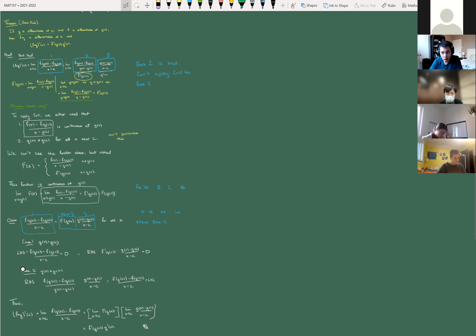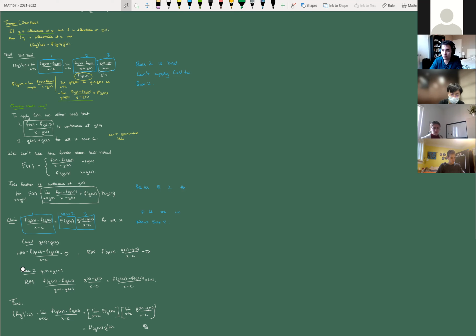I have to show you the proper proof. The proper proof is much scarier, but it's technical just to fix this small, stupid fact, and it ends up significantly complicating the proof just for the sake of a handful of functions that misbehave in this way. So that's how you have to fix this.